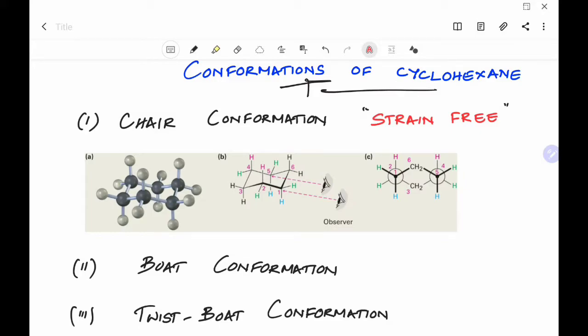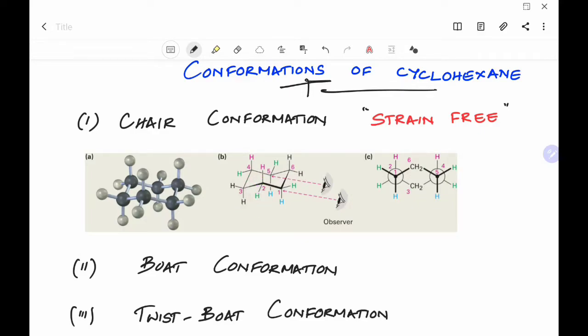We will learn how to draw these chair conformations in more detail in a little bit. Usually in the chair conformation, the molecule looks 3D in figure A, which is from your textbook. As you can see, you have two parallel carbon-carbon bonds, and then the other two carbons are going up and down the plane.